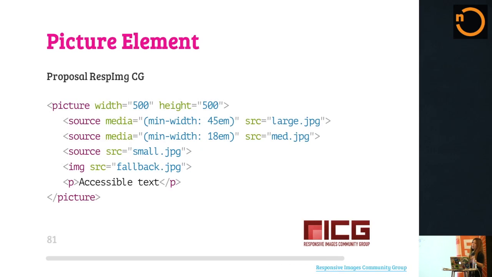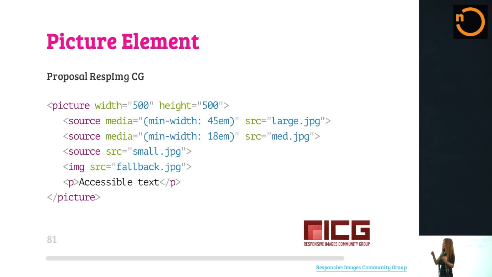But then, of course, we have a lot of drama about what we should do with responsive images. So that's a whole new idea. This was proposed by the Responsive Images Community Group. This is a part of W3C, but it's a community group. This is browser vendor independent. Anyone can join. I'm a member too. So this is a whole new proposal using a picture element.